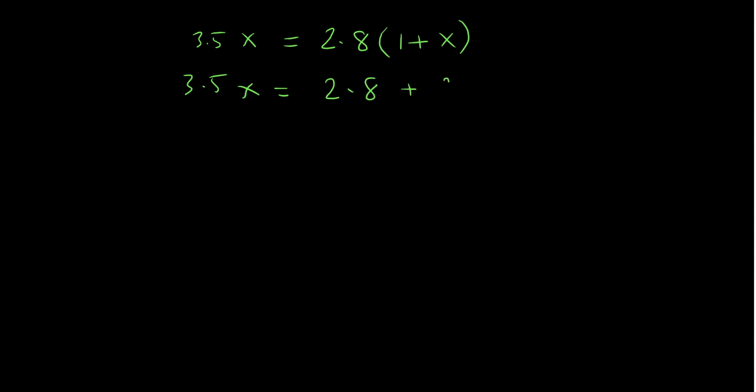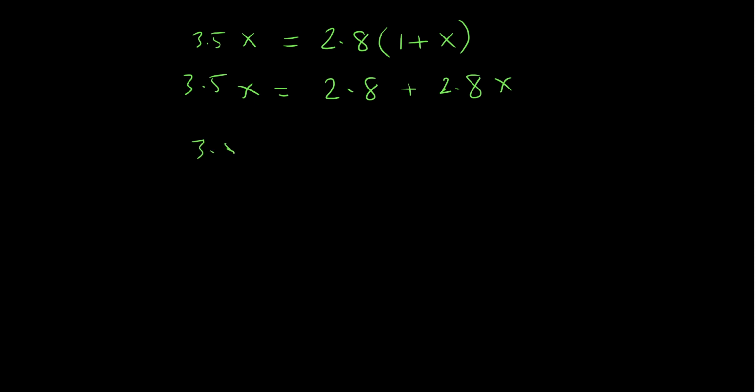If I take the square root of 12 and also of 8, that gives me 3.5 x, because the square root of x squared is x, equals 2.8 times (1 plus x). We can expand and rearrange it.